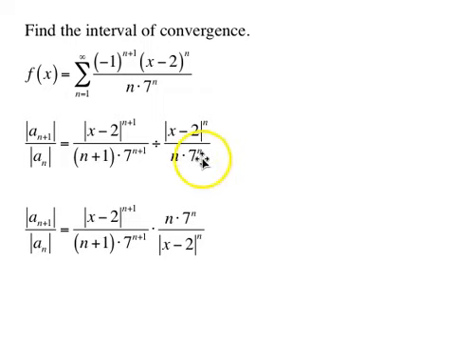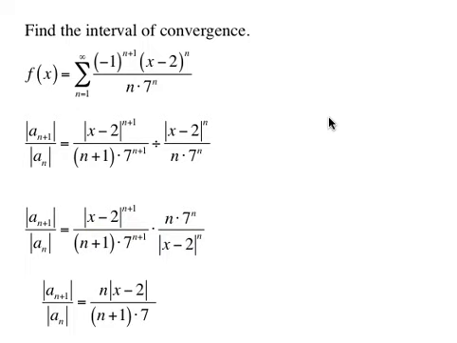So taking the reciprocal of this second fraction times n times 7 to the n over x minus 2 to the n. Notice x minus 2 to the n plus 1 divided by x minus 2 to the n is just absolute x minus 2. 7 to the n over 7 to the n plus 1 just gives me a 7 downstairs. Then we have n over n plus 1. For the ratio test, we want the limit as n goes to infinity of this.